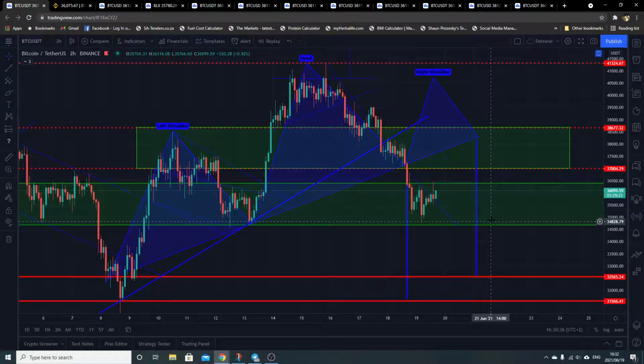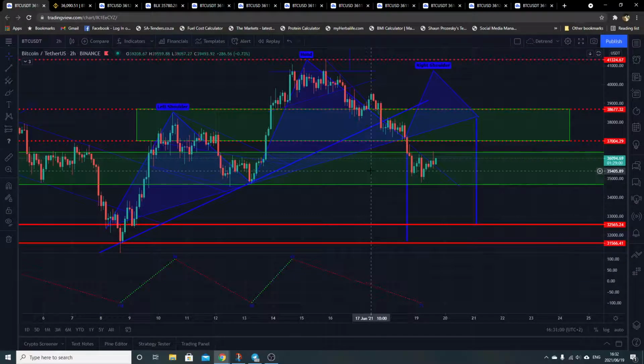Just on the chart, it's easier to see without all the squiggly lines. I'm waiting now. Obviously, I've got my stop loss there. If I do feel that the price is going to go up even further, I will hit a limit sell and I'll exit out of the trade. I will just simply exit out of the trade and get out of it.